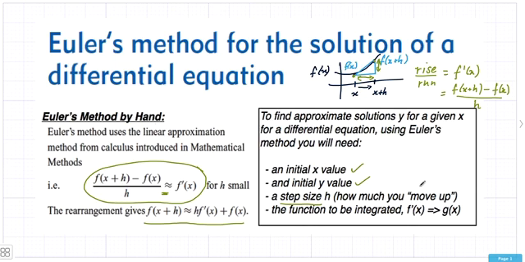Okay, so you can do it over and over again. So a step size is going to tell us how much we move up with each increment. And the last thing is you need to know the function that you're going to try and integrate, and that's our derivative. Now for this section and also in your CAS, the function that you're going to integrate, we just call it g of x, but it's really f dash.